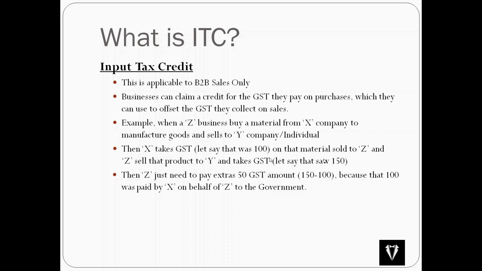When you have already paid the taxes to the wholesaler and then sell to a customer, you only pay the difference of 50 rupees as GST, because 100 was already paid while buying from X, the wholesaler, on behalf of Z to the government, since X has already paid 100 rupees as tax to the government on your behalf for selling his product to you. So this 100 is your input tax credit.